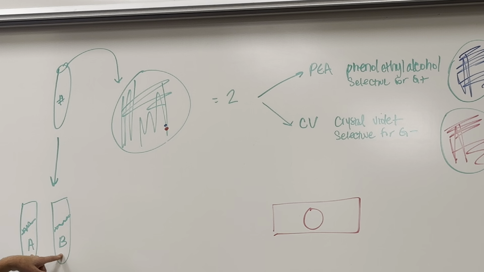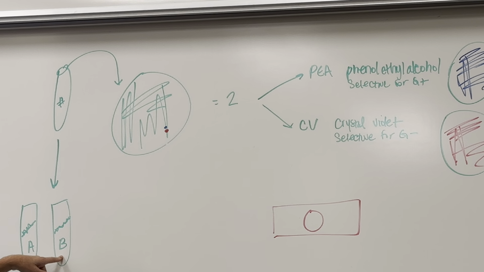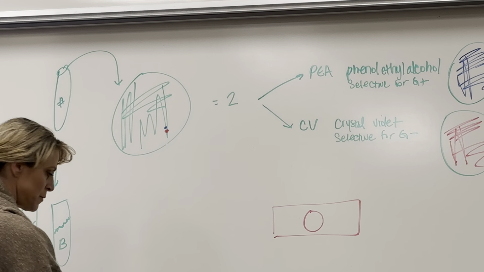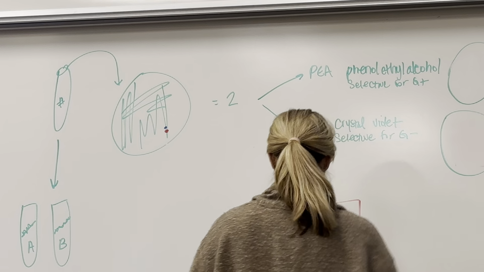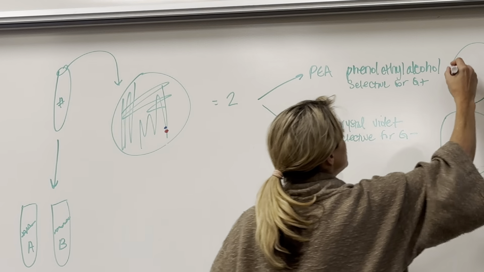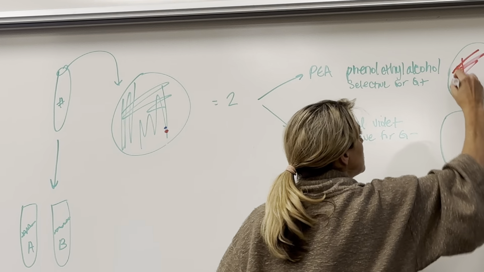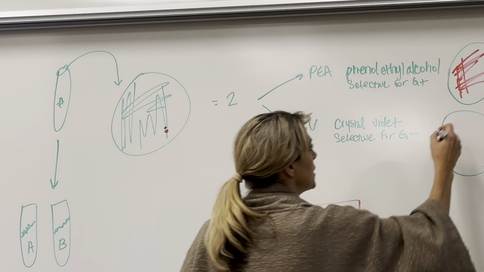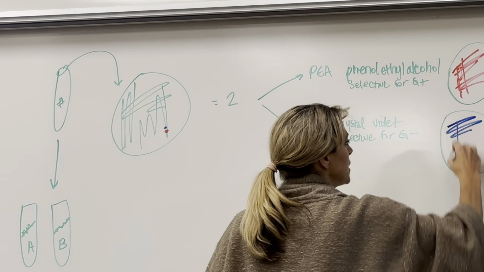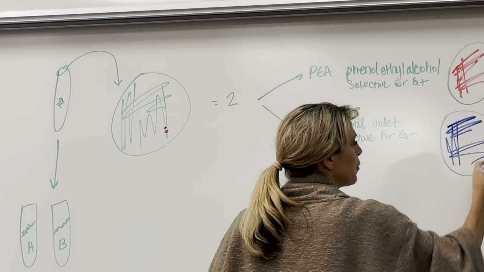I'm sorry, really quick. What do you mean by grow out of it? So the first day, let me switch these colors around really quick. Your PEA is just going to be yellow, like the normal bacteria. CV is going to be crystal violet color, like a purple.